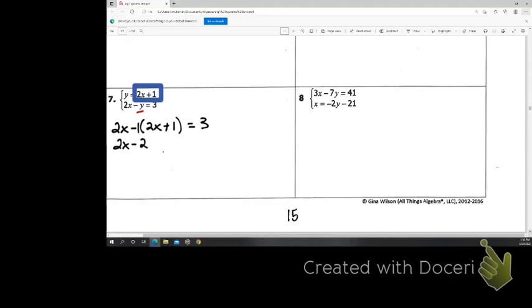So 2x minus 2x minus 1 is equal to 3. What happens with 2x minus 2x? This is gone, right? There are no x's. And then what's left says -1 is equal to 3. Is that true? No. So this would be no solution.